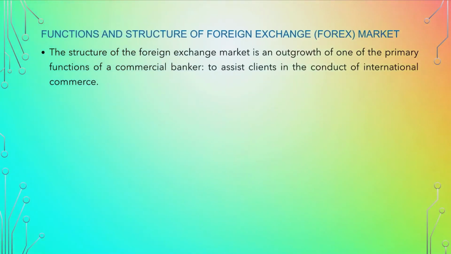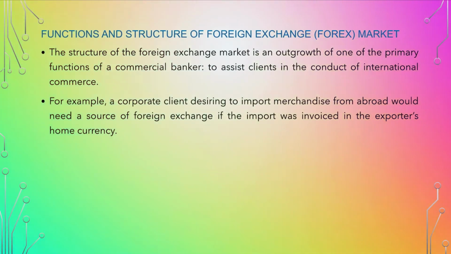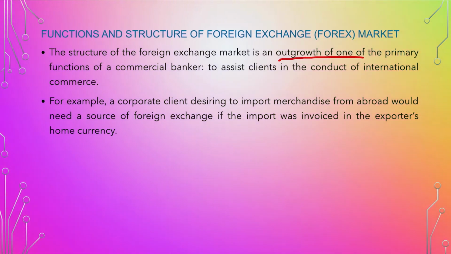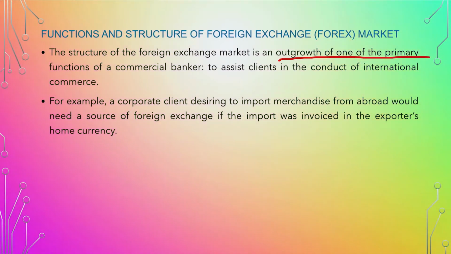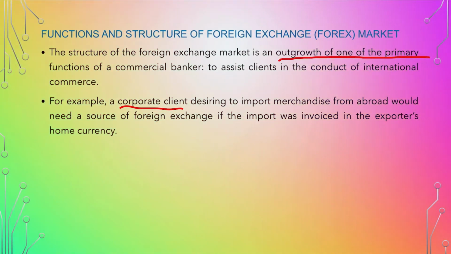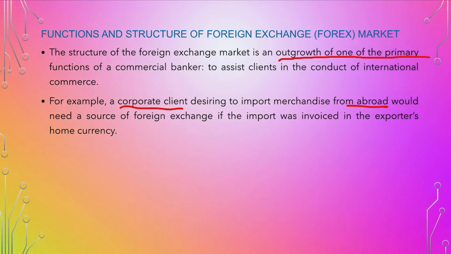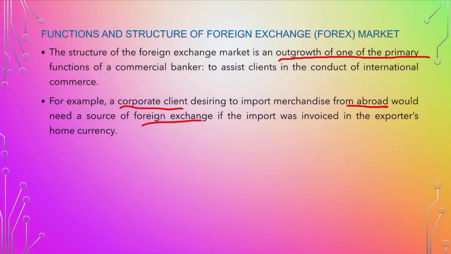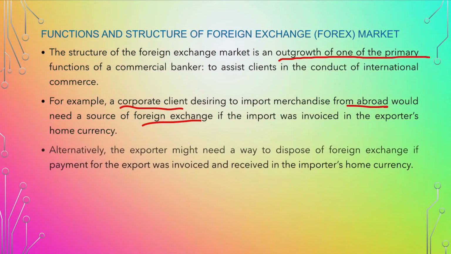Next, functions and structure of the foreign exchange rate market. The structure is an outgrowth of one of the primary functions of a commercial banker, to assist clients in the conduct of international commerce. For example, a corporate client desiring to import merchandise from abroad would need a source of forex if the import was invoiced in the exporter's home currency.